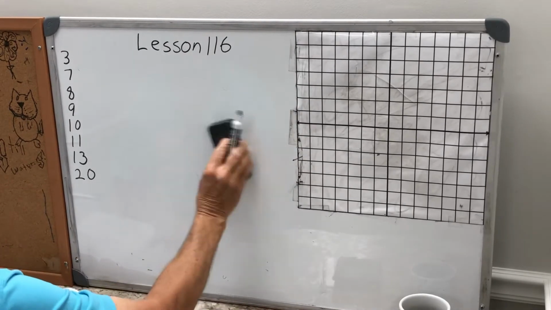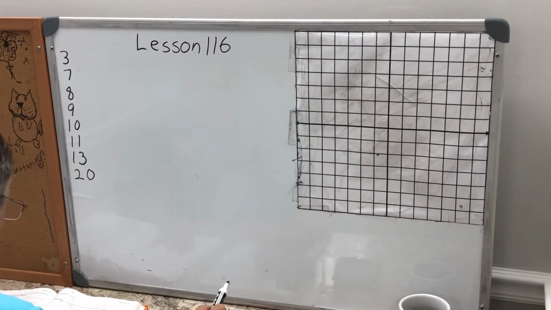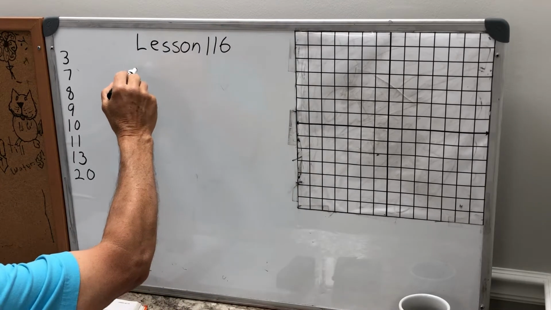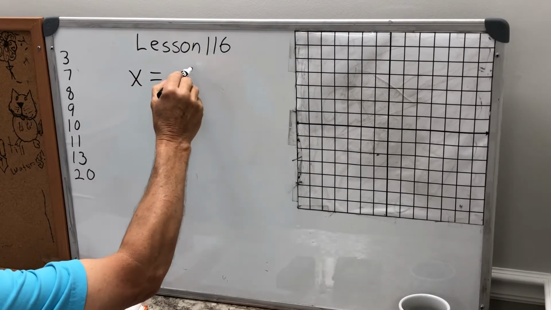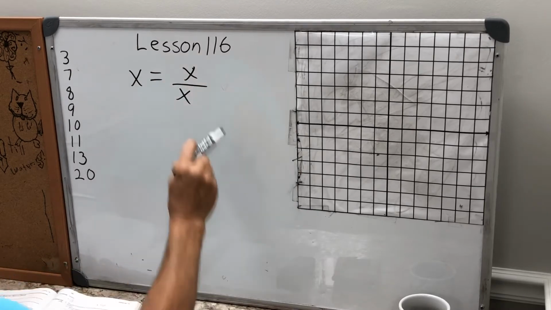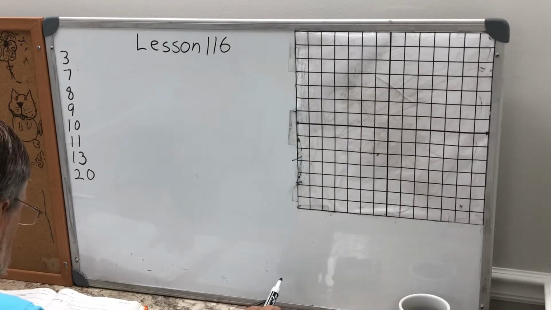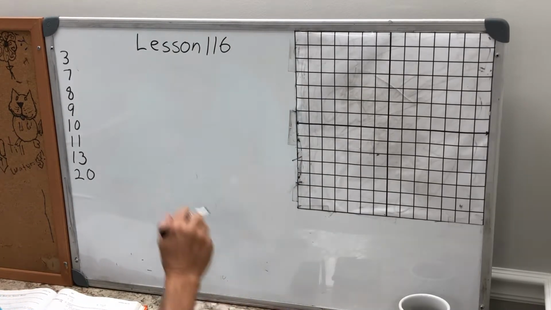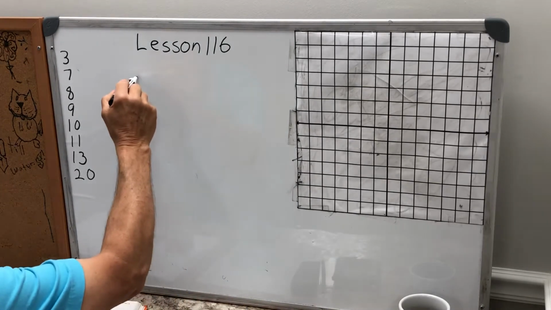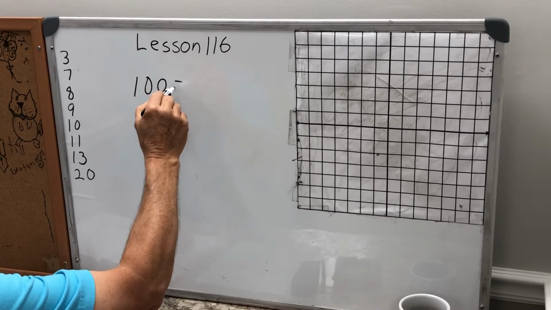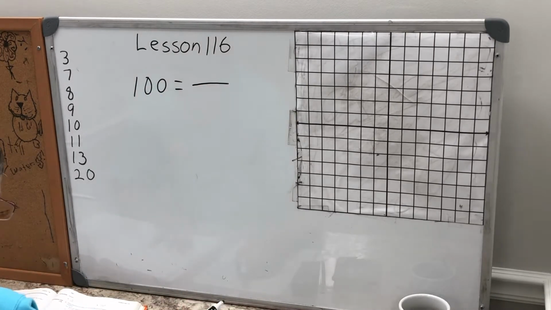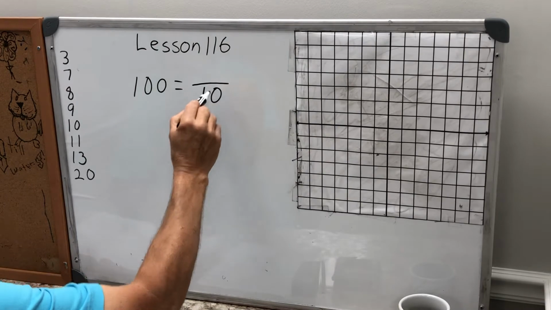Let's look at problem number 3. For a mesh gear of fixed radius, the number of revolutions per minute varies inversely. You see the word inversely, so we are going to have this type of a problem set up. And if a particular gear has 100 teeth, we use the biggest number always first. 100 teeth equals 10 revolutions.